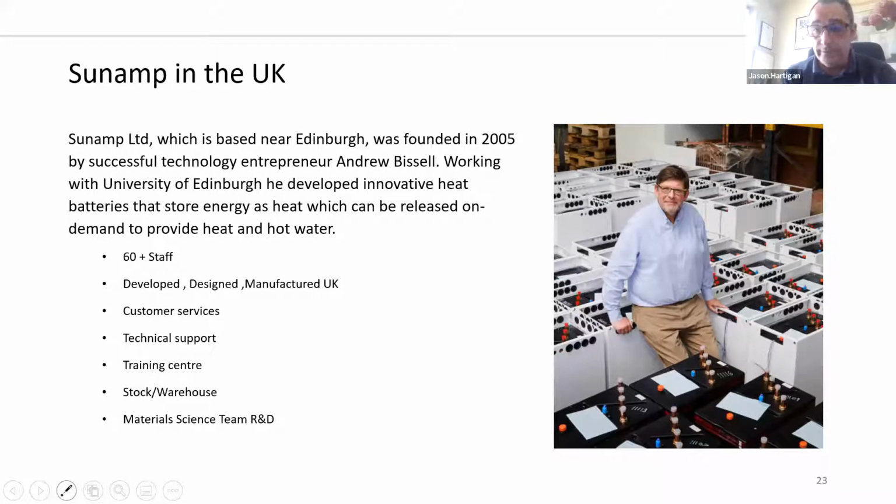We give undergrad opportunities to degree-based engineers working in Edinburgh University. So we've got a really good standing relationship with the University of Edinburgh. All the technical training, stock, materials, the science team, everything's based in Scotland, in the UK.